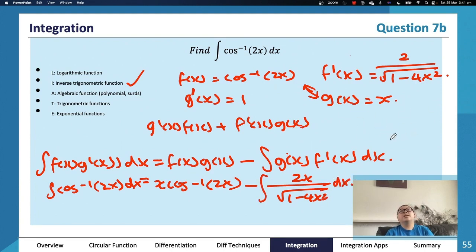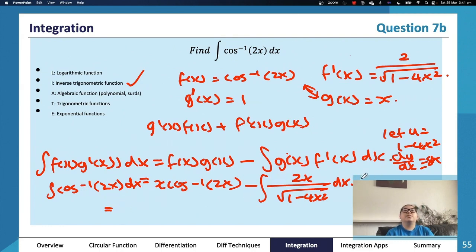Once again, we can let u equal 1 minus 4x squared, so du dx would equal negative 8x. So what we can have here is minus that from a fourth.